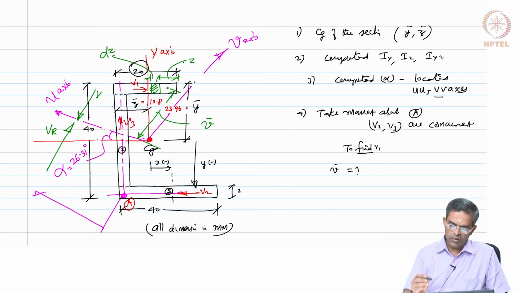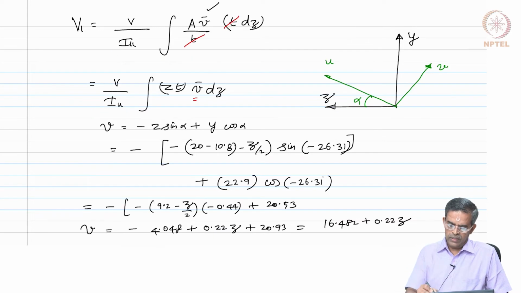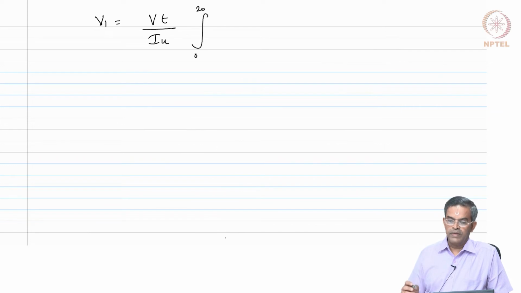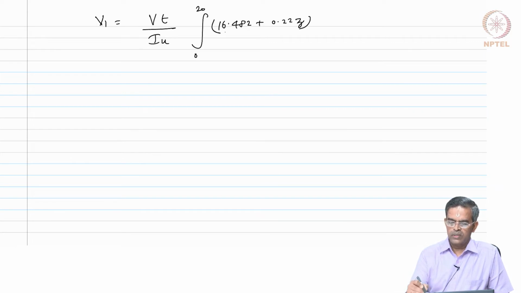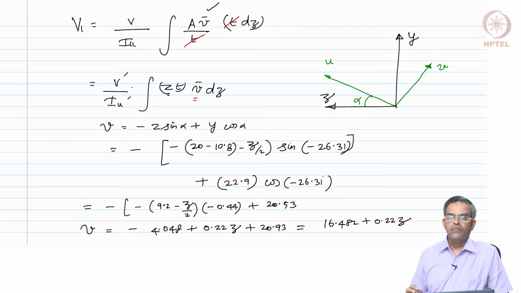So, Vt by Iu, 16.482 plus 0.22 Z dz. That is what we have here, is it not? V bar is already here.